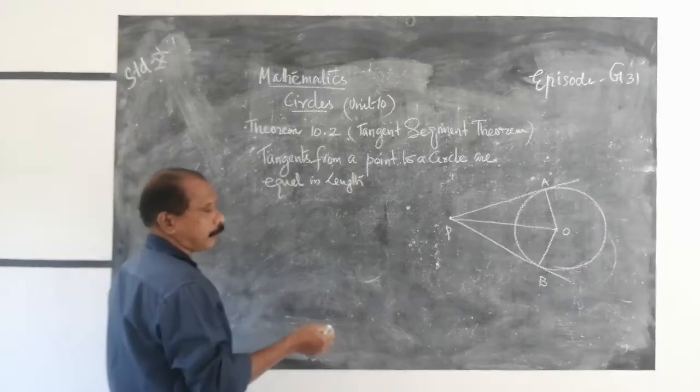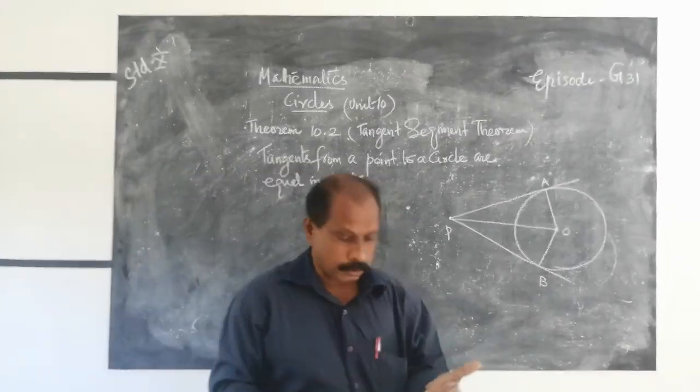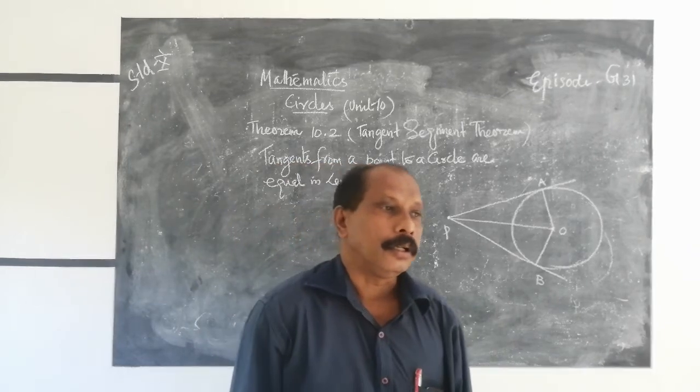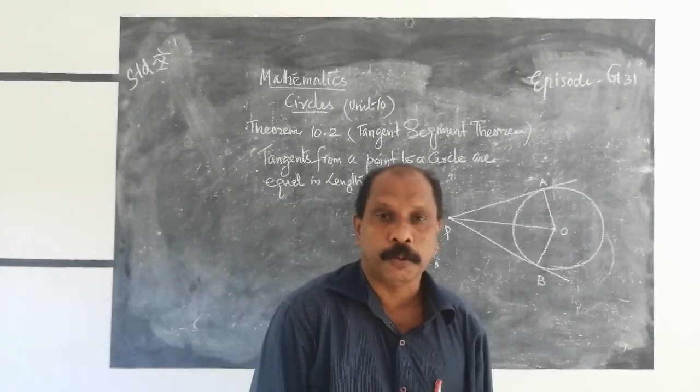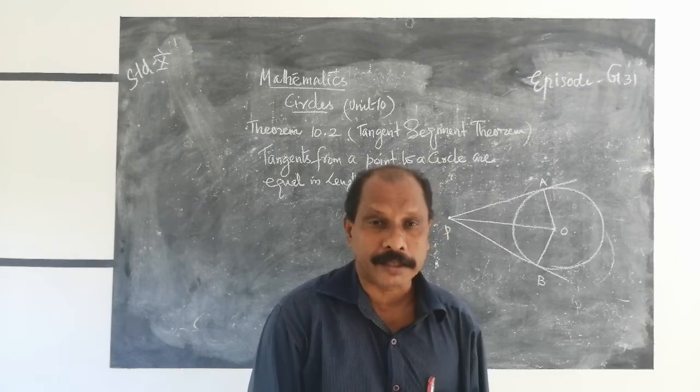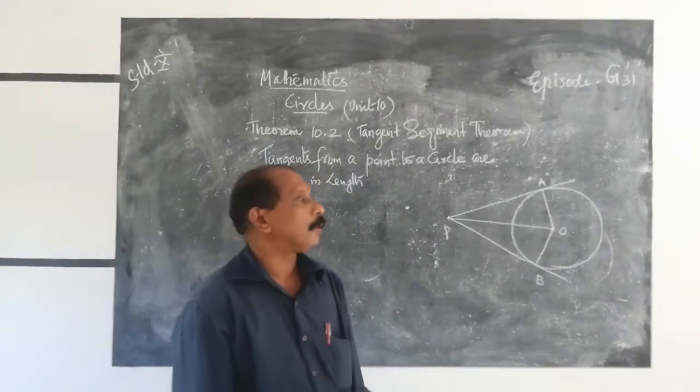There are two tangents that can be drawn to a circle from an external point, but the lengths of the tangents from a point to a circle are equal. That is known as the tangent segment theorem.